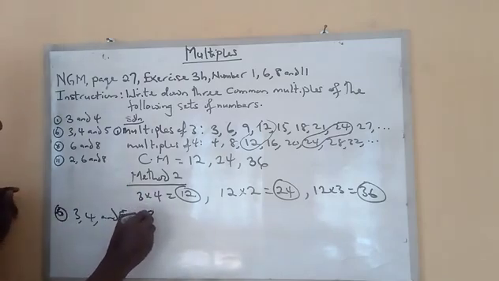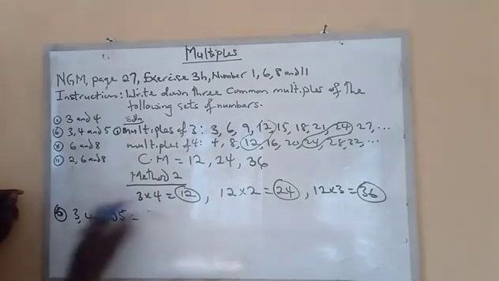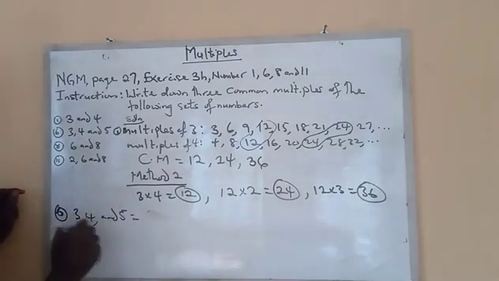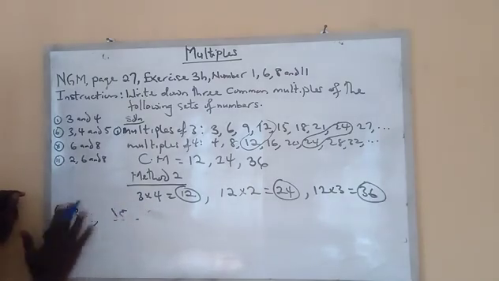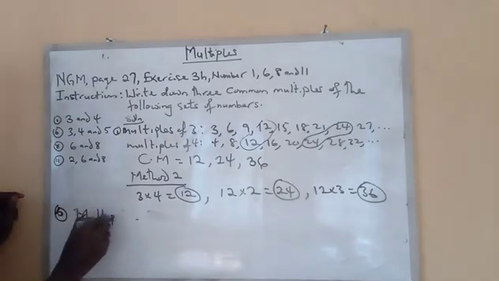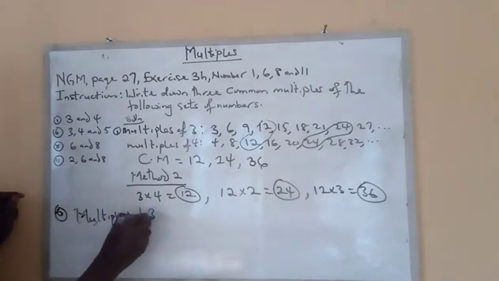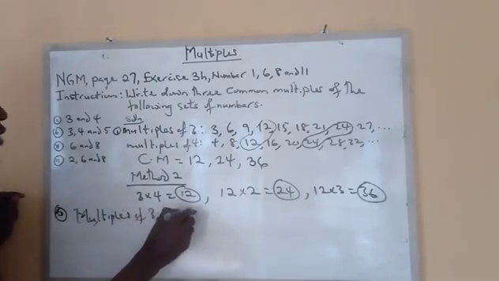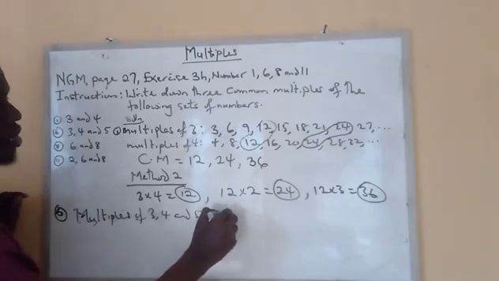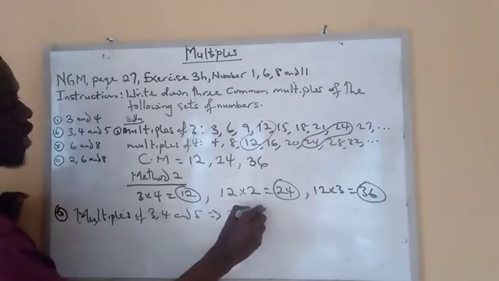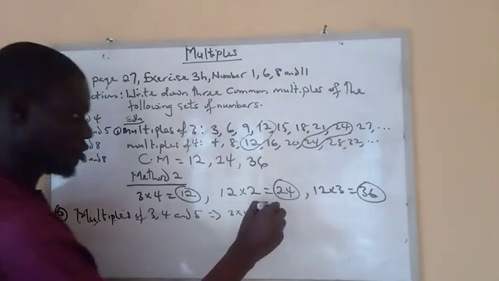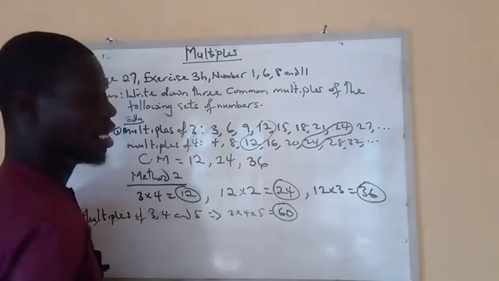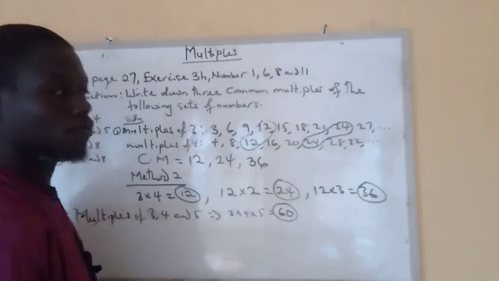The common multiples of 3, 4, and 5: 3 times 4 times 5, and that gives you 60.